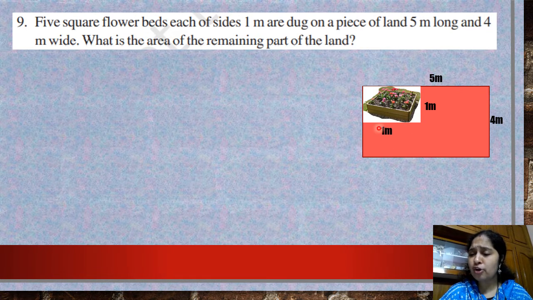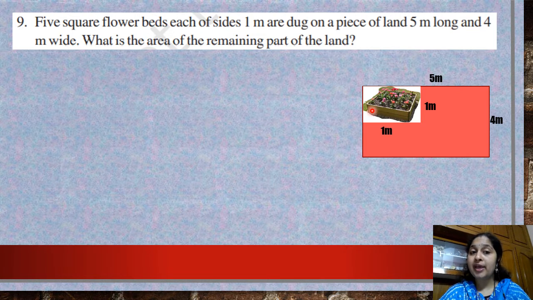What is the area of one flower bed, children? Since it is 1 meter by 1 meter, what can you say about the area of this flower bed? It is 1 ones are 1. So area of one flower bed is 1 square meter. So what is the area of 5 flower beds? It is 5 into 1 square meter, that is 5 square meters.